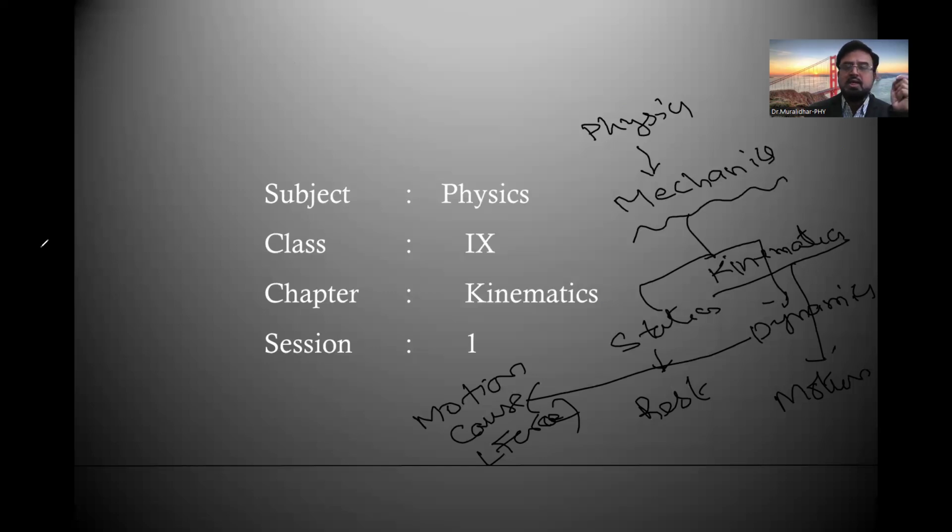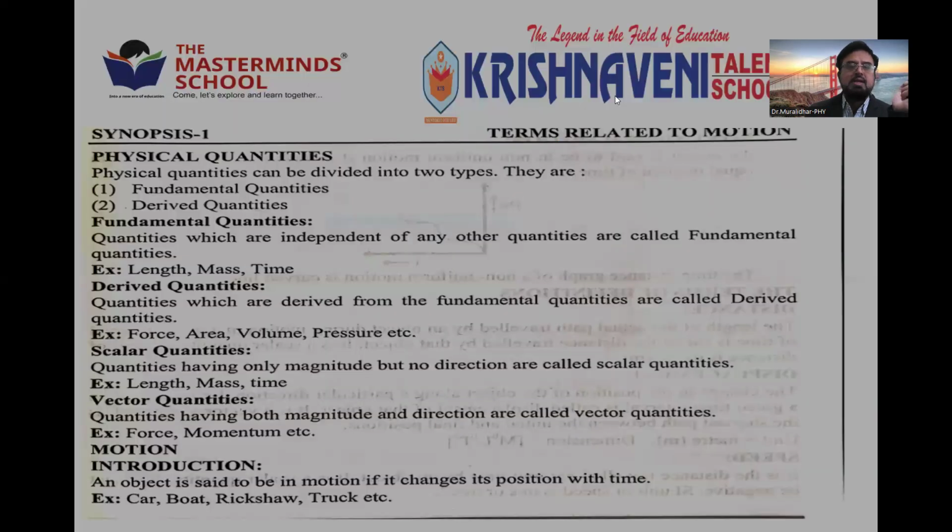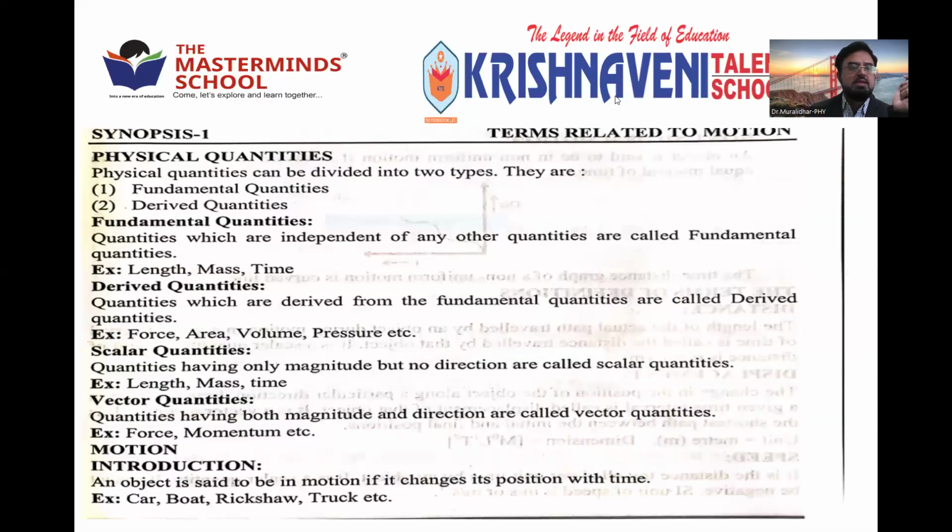Now we'll go to exactly what the topic is. We'll discuss synopsis 1 of the chapter kinematics. So the first, synopsis 1. Chapter name is kinematics. You can see from your material also.